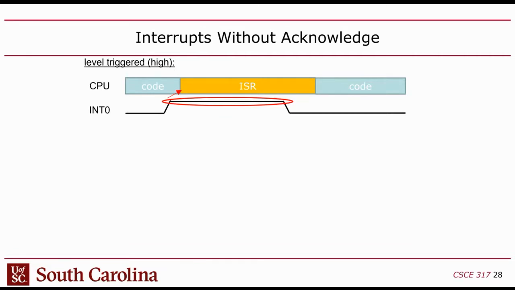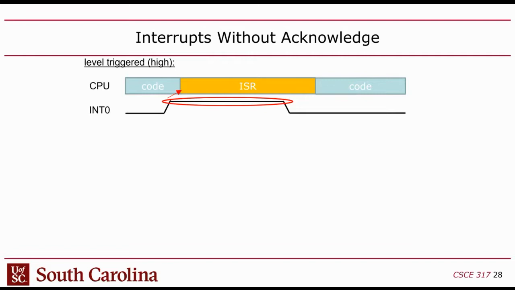The problem with this, though, is that it's kind of dangerous, because there's no way for the peripheral to know if the CPU saw the interrupt or acknowledged it. Likewise, the peripheral has no way to know how long it needs to hold that interrupt signal high.